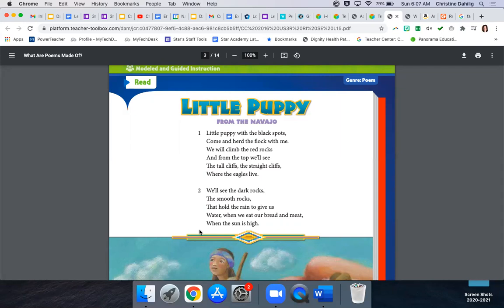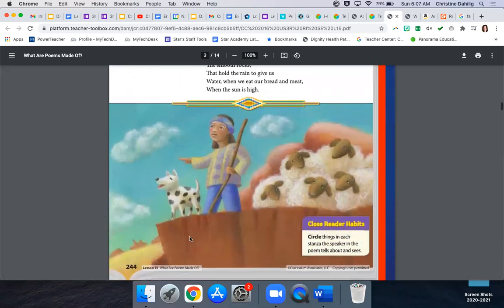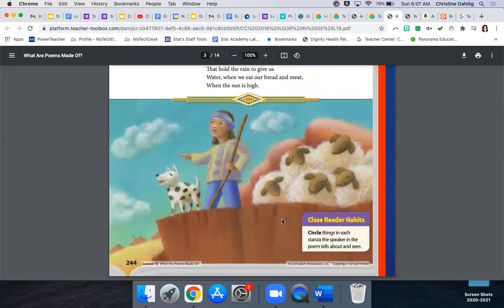And then who or what is the speaker describing in stanza 2. And I would also like you to look at the close reader habit box down below where it says circle things in each stanza the speaker in the poem tells about and sees.